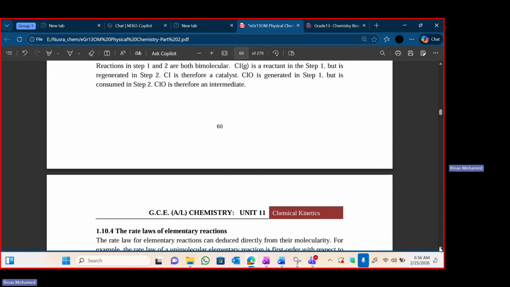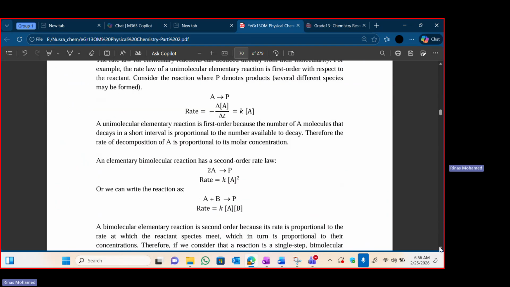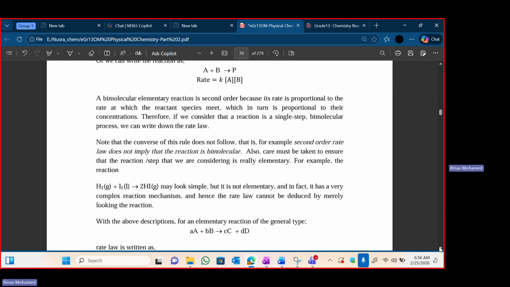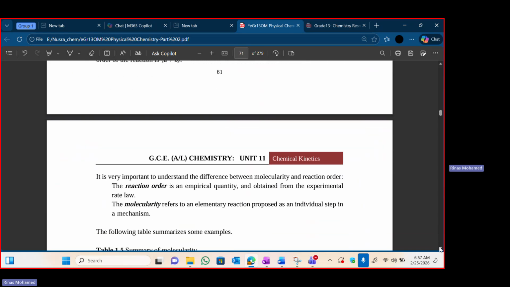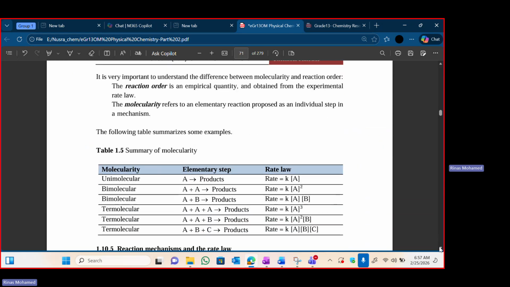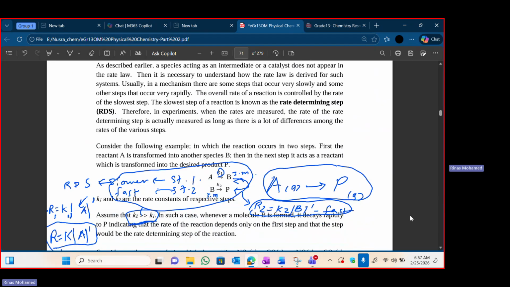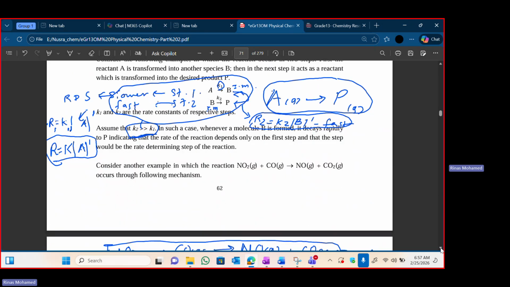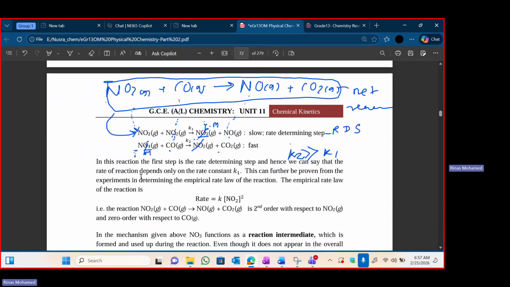If they give you the elementary steps, slow and fast, you can find out the rate laws. Likewise, reversely, if they give you the rate law, you also have to write down the mechanism. That we also studied with relevance to this NO2 gas reaction. You can just go through it.